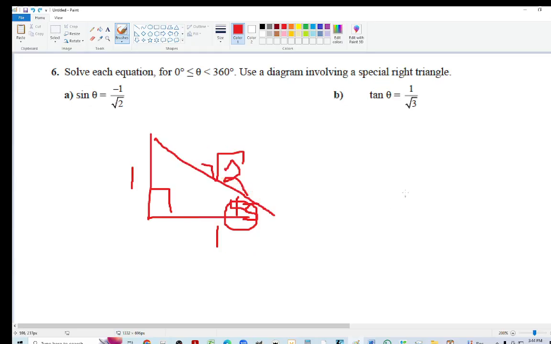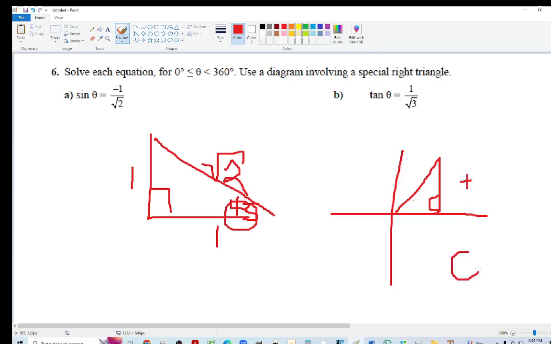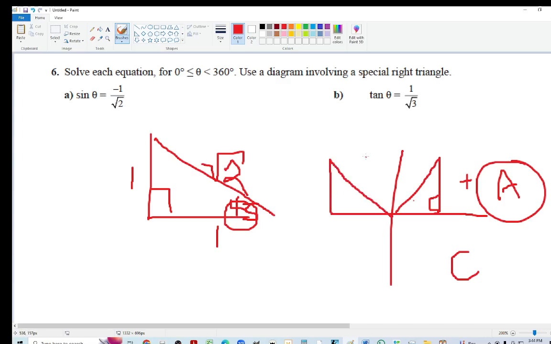This is the positive, so if I were to draw my 45-degree triangle here, I'd see that in this quadrant, sine is positive. See, A, all values are positive. Over here, the 45-degree angle would be not 45, but 135. And again, sine is positive.